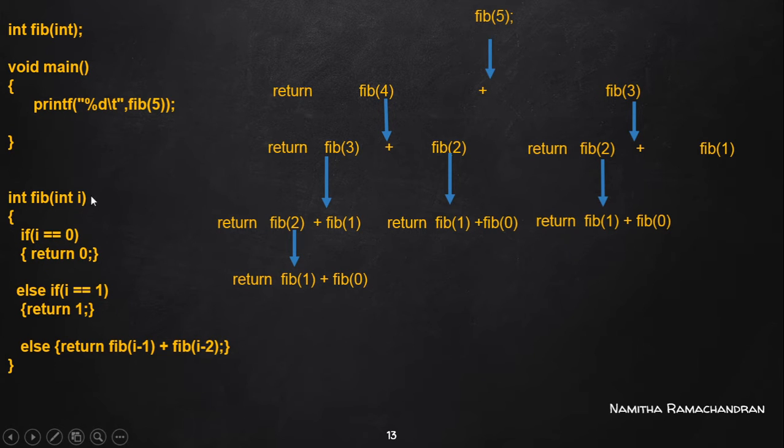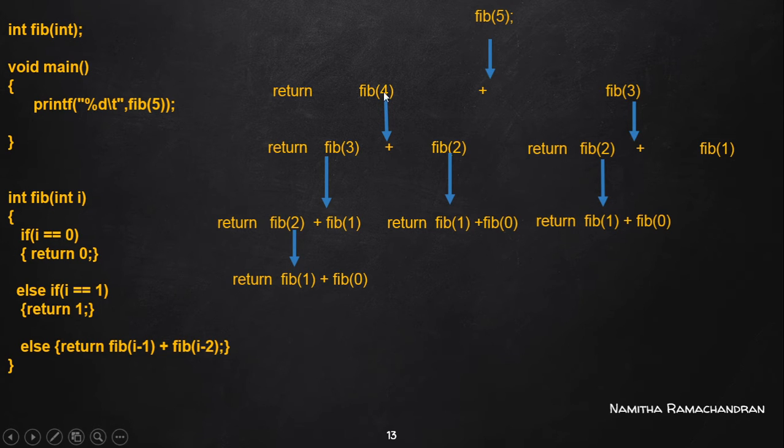This I equal to 5 now, I is not equal to 0. So move into this else if part, I not equal to 1, and move into this else case. So it returns fib of I minus 1 plus fib of I minus 2. That is, returns fib of I minus 1, 5 minus 1 is 4, plus fib of 3. Okay, here it is the case of recursion. Fib is again called with new parameter.